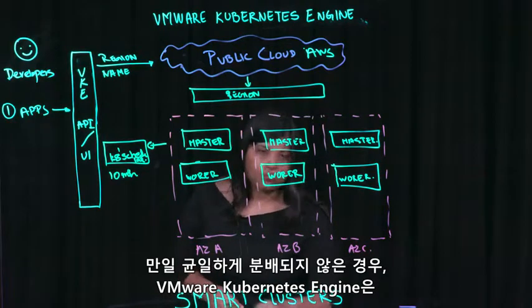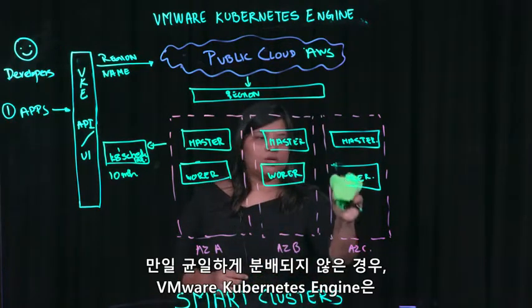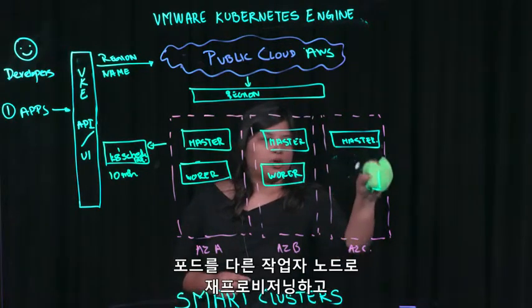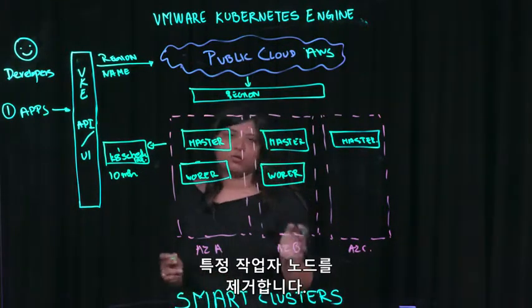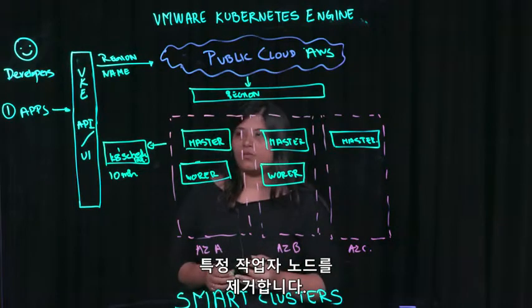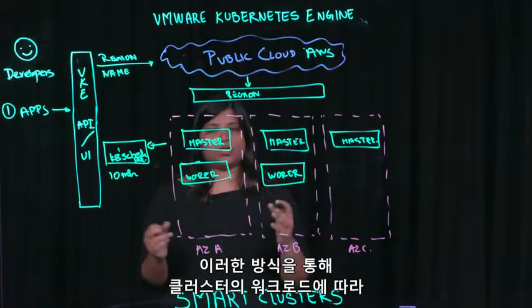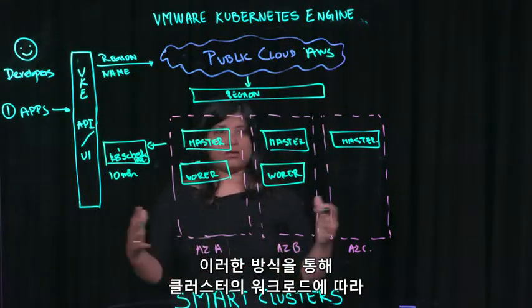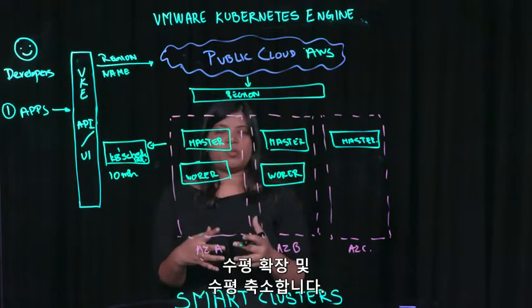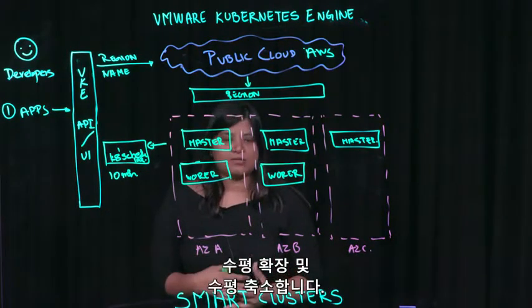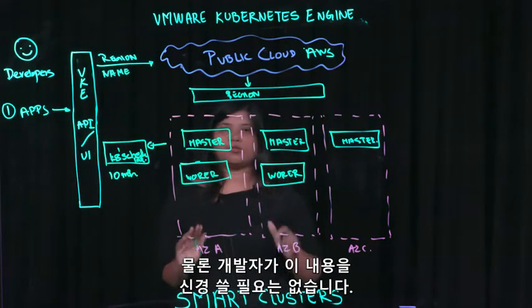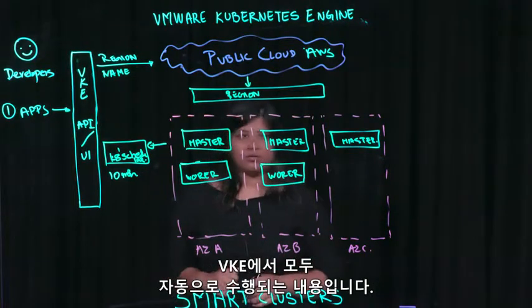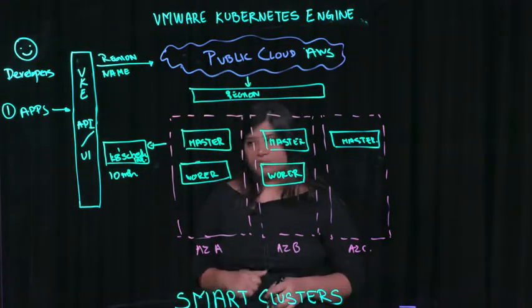If not, VMware Kubernetes Engine will reprovision the pods to another worker node and deinstall a specific worker node. That way, the cluster is automatically scaling out and scaling in depending upon the workload that the cluster has. All of this is transparent to the developer. The developer is not really thinking about any of this. It is all done automatically by VKE.